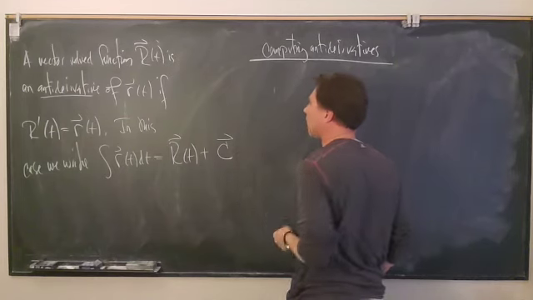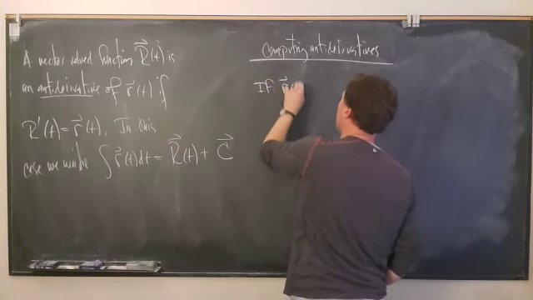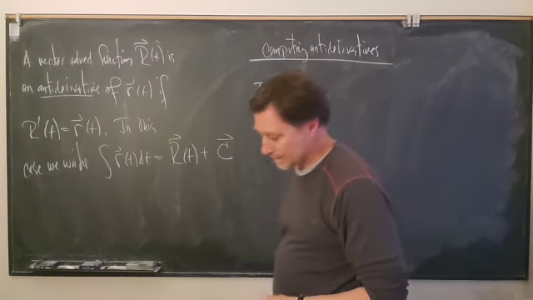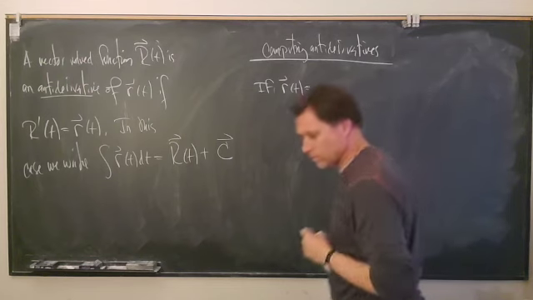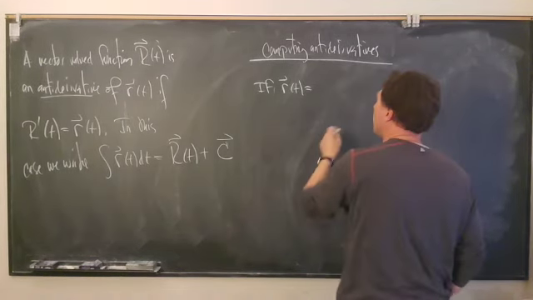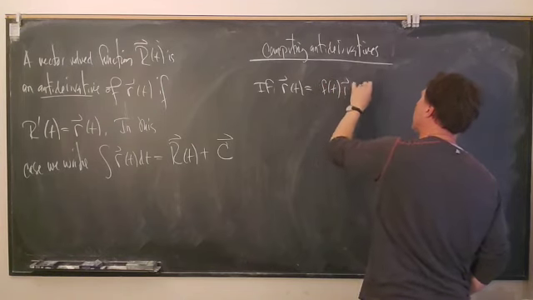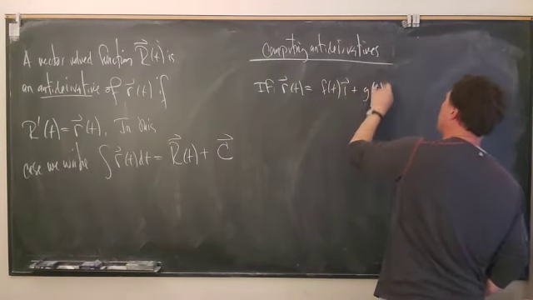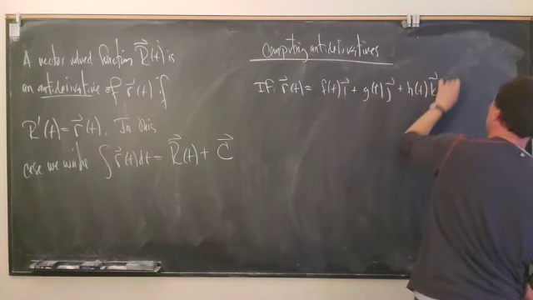goes like this. So let's say r of t is equal to f of t times i plus g of t times j plus h of t times k.